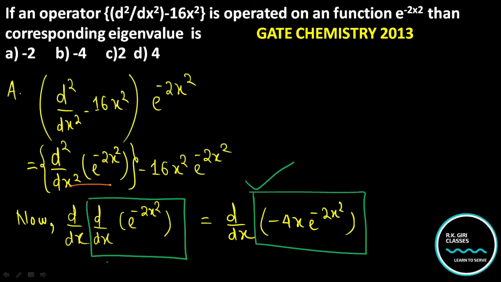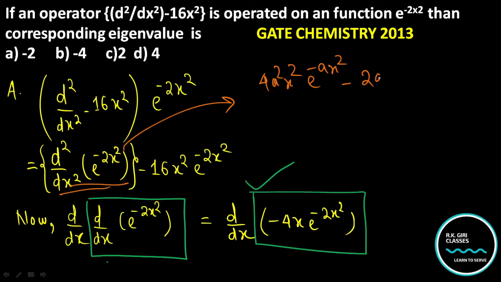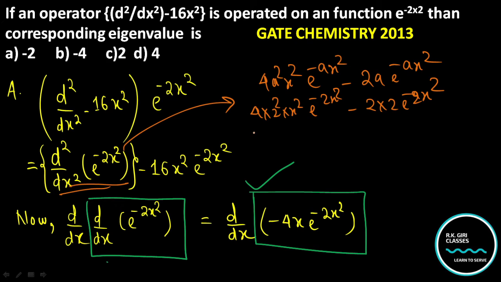You can directly find it from this one, that is 4a square x square e to the power minus ax square minus 2a e to the power minus ax square. That is 4 into 2 square x square e to the power minus 2x square minus 2 into 2 e to the power minus 2x square. That was 16x square e to the minus 2x square minus 4 e to the minus 2x square, right?